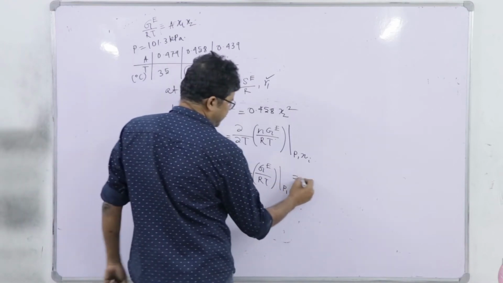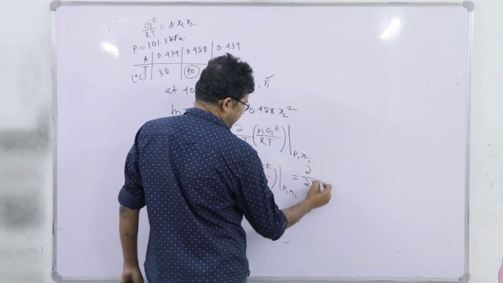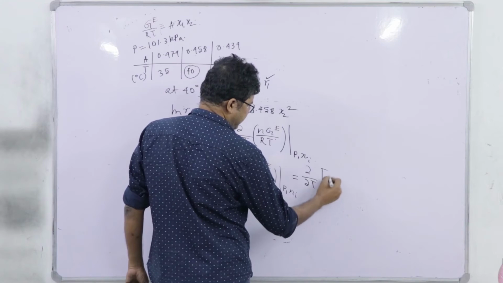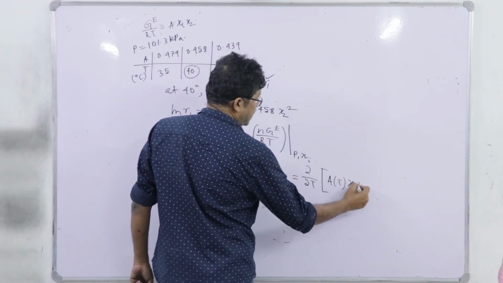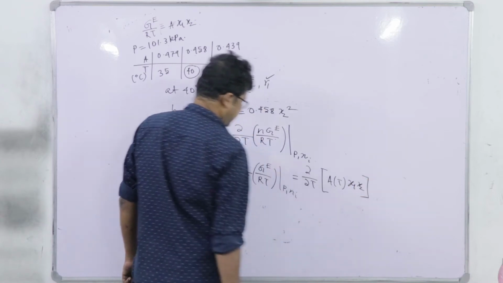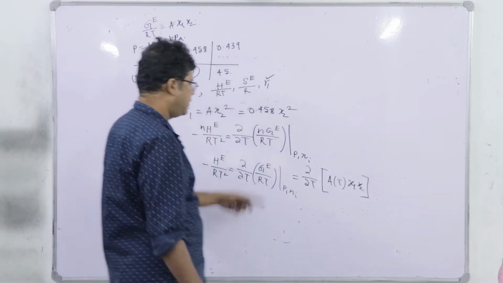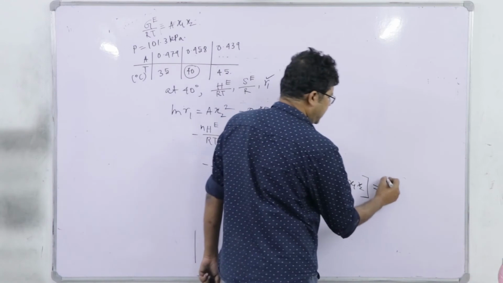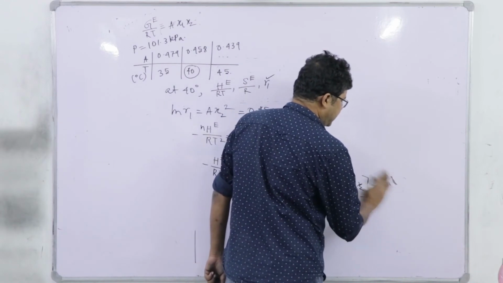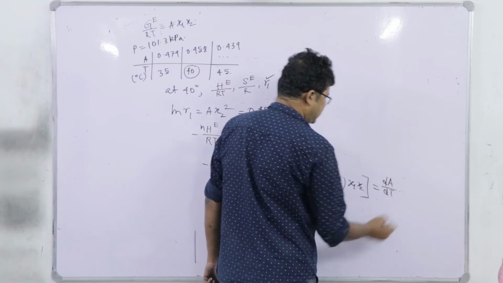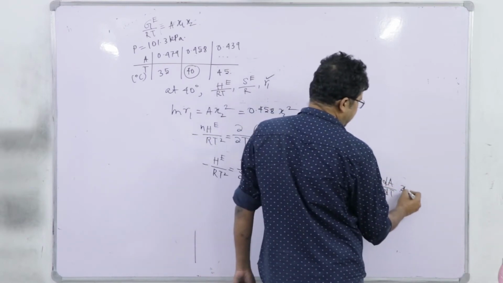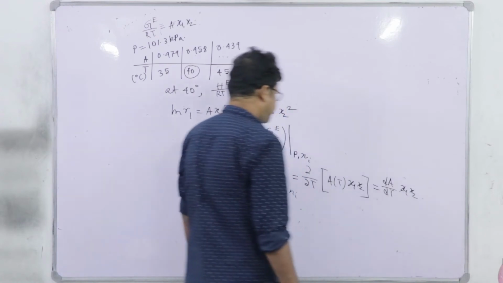So this is del T of A, which is a function of T, into x1 x2. So it comes to be dA dT, because x1 x2 are not a function of T, dA dT into x1 x2.